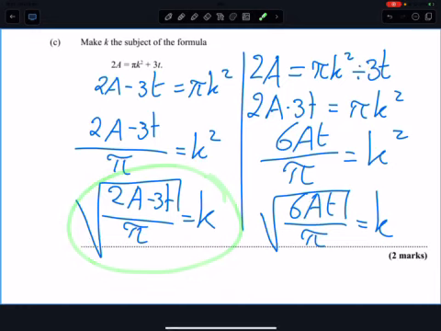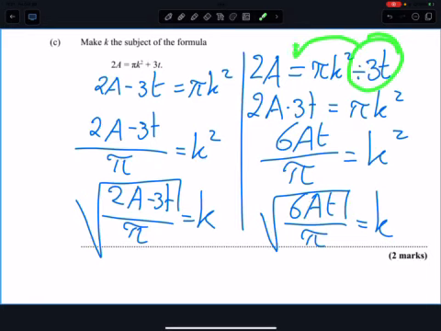This is your answer. If you did division, you multiply the left side with 3t, and the answer to that would have become 6at divided by pi, and then taking the square root. Not much of a difference.